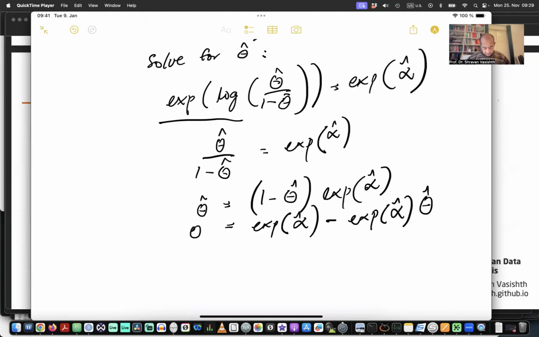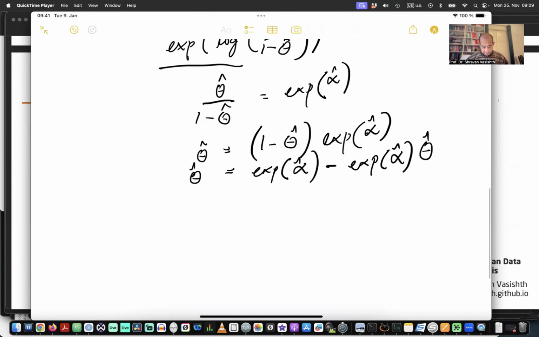On the left hand side, I have theta hat. So let's bring the thetas together. I'm going to add to each side exponent alpha hat times theta hat. That gives me theta hat plus exponent alpha hat times theta hat is equal to exponent alpha hat.